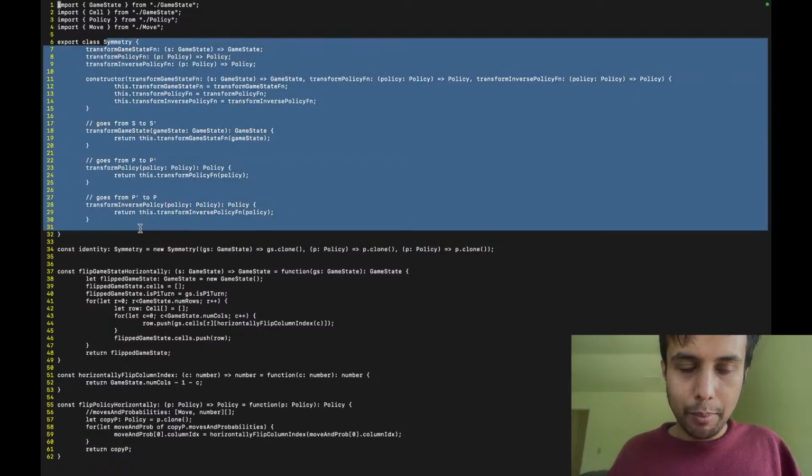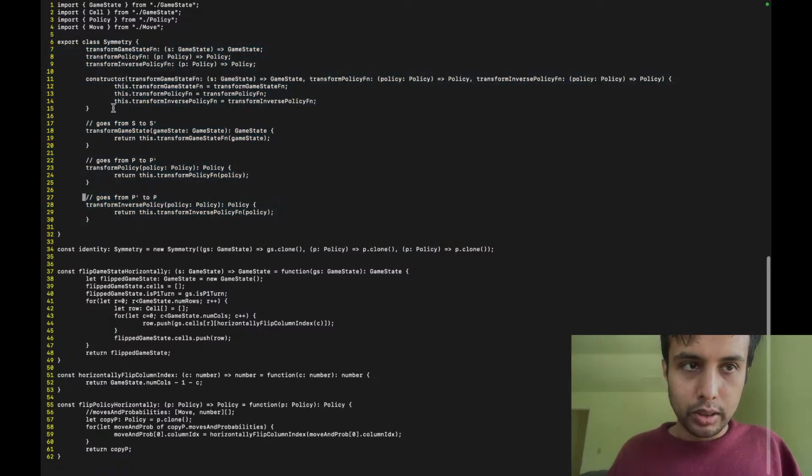We copied and pasted directly, but the actual details are in these lambdas, these transformation functions. These two functions are the same because it's its own inverse for Connect 4, and I believe it's the same for BumperCoins as well.